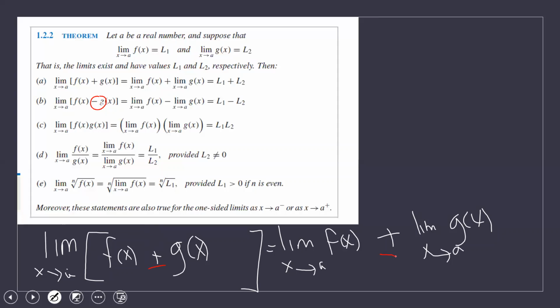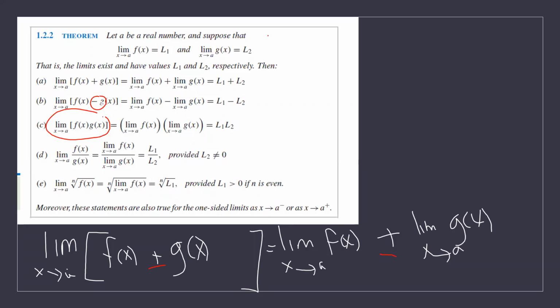If they are multiplied, you distribute the limit, so it is the limit of f of x times the limit of g of x. And if it is divided, you do the same: the limit of f of x over the limit of g of x. Now, the limit of the nth root of f of x: I can enter the limit inside the root, so it will be the nth root of the limit of f of x when x approaches a.